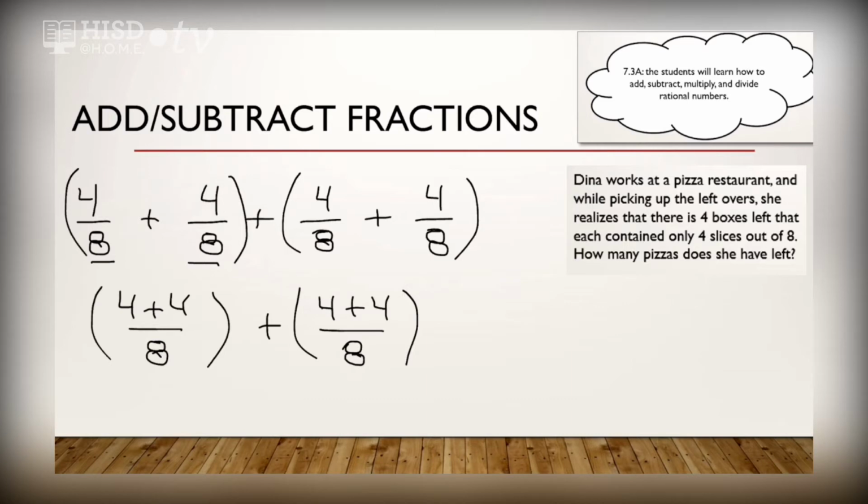I can then add those two, and that's gonna be equal to 8 over 8 plus 8 over 8. And I can just simplify the fraction. I know that 8 divided by 8 is the number 1 plus 1. So that means that the answer will be that she has 2 pizzas left.